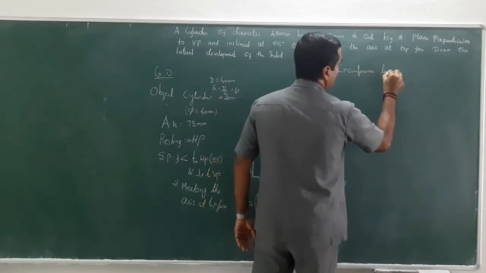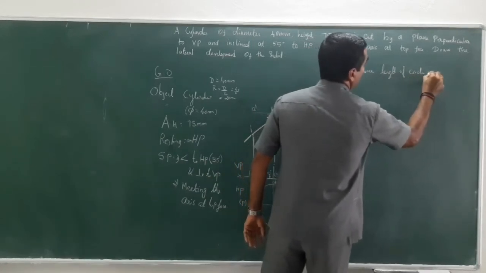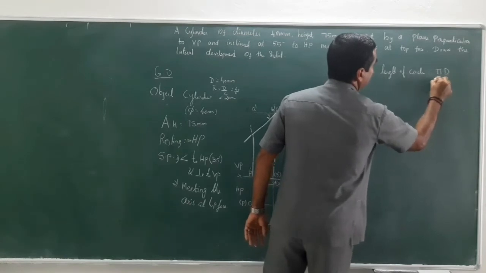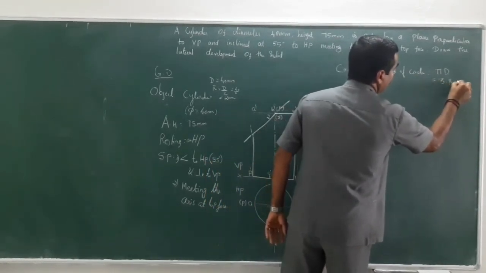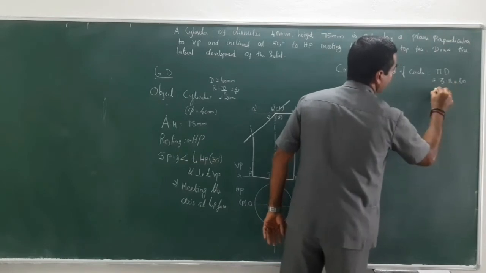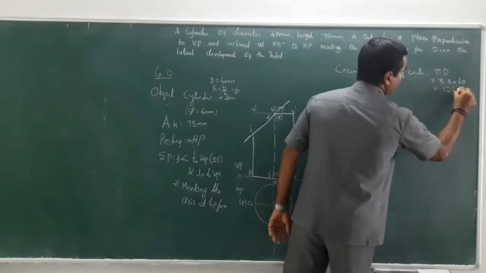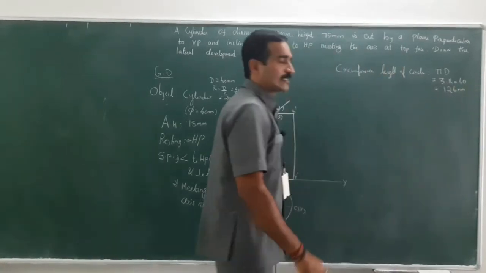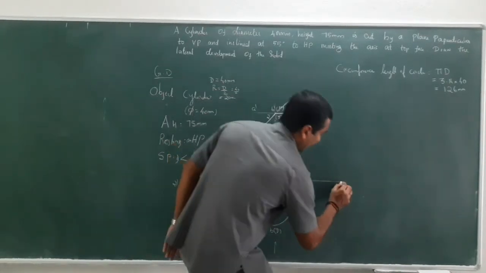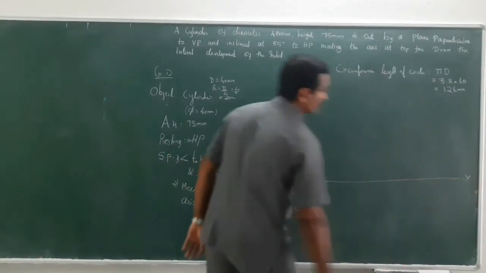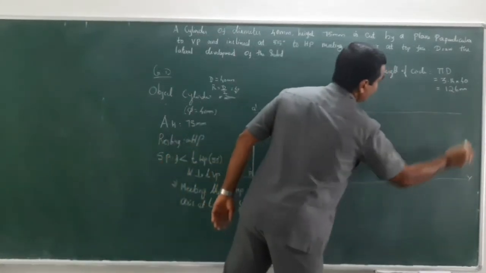Circumference length of circle equal to pi d, which is pi is 3.14 into 40, which would be roughly 126 mm, isn't it? So now extend this line xy, and the periphery, that is the topmost portion.